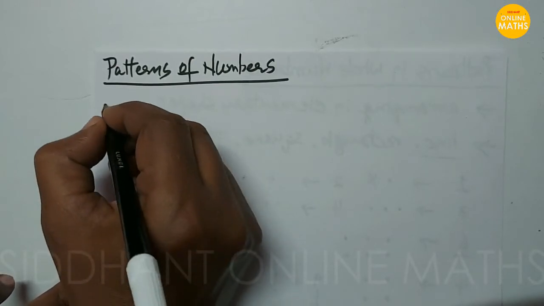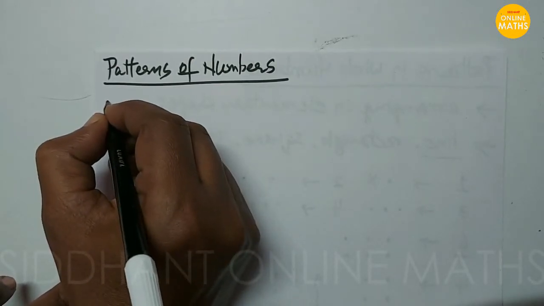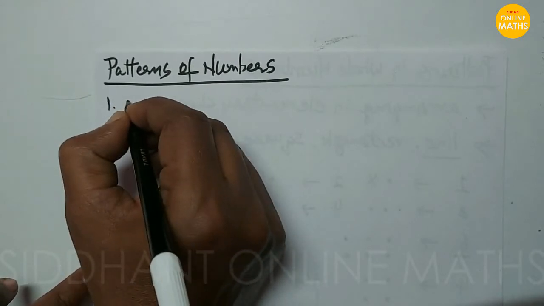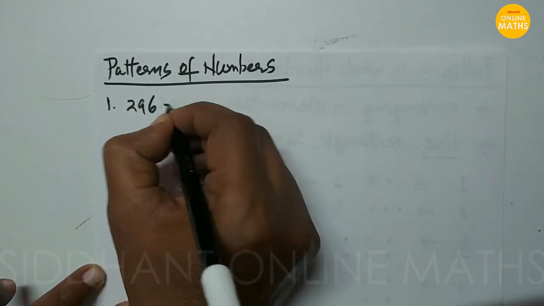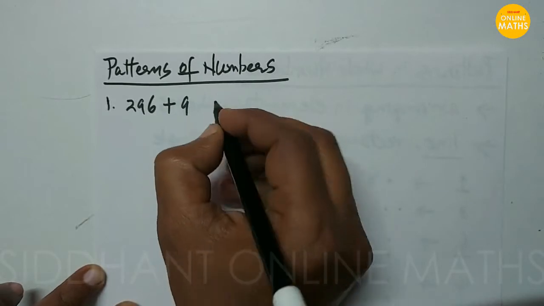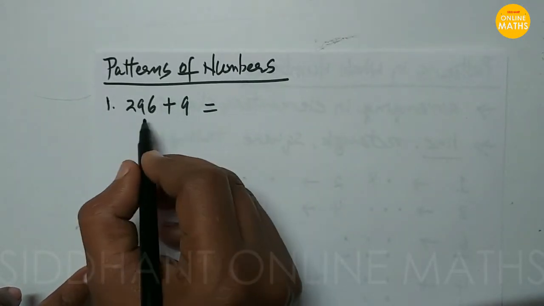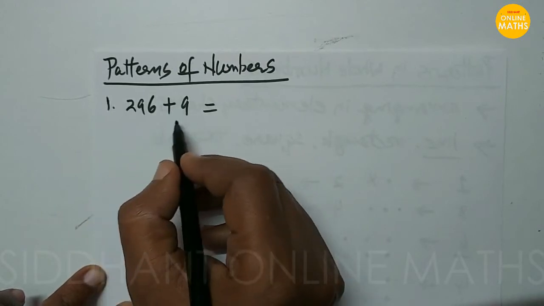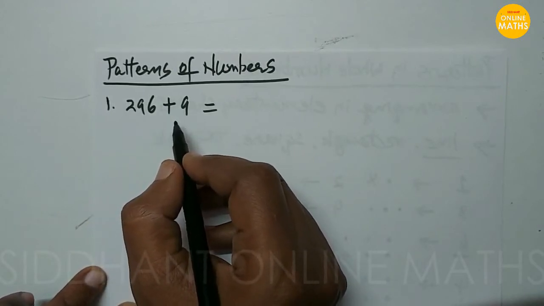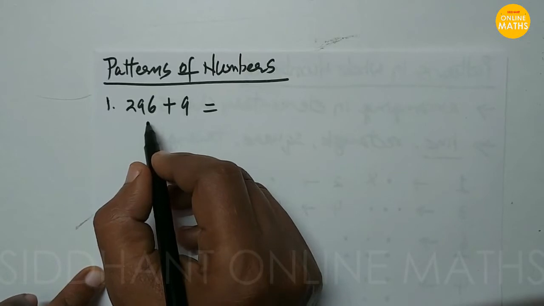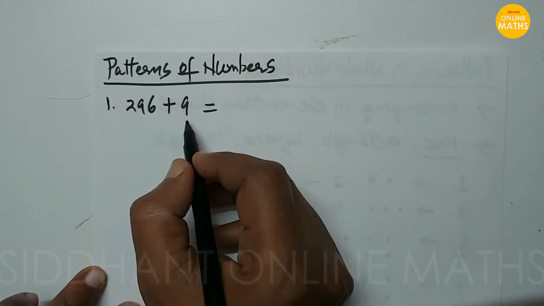So the question in the example part they gave is 296 plus 9, how much? Here it is easy to say 296 plus 9 is 305. The number is in three digits, and here it is in 1 digit.